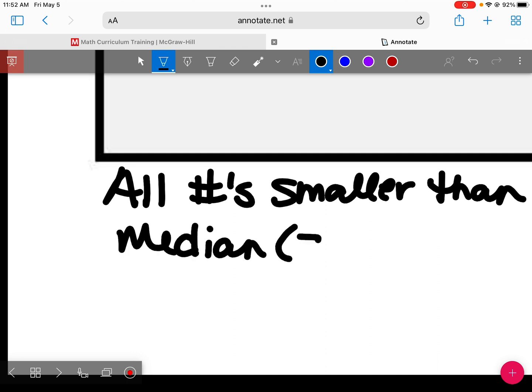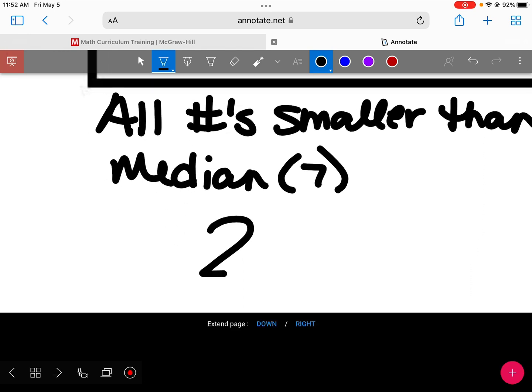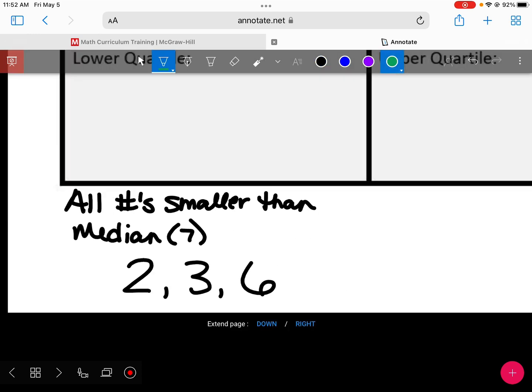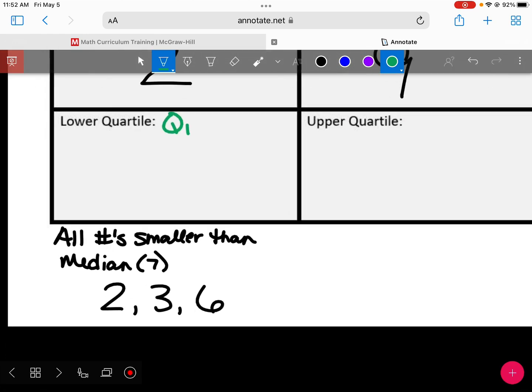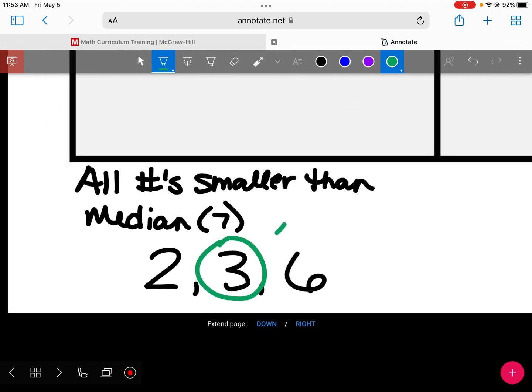So give me every number in that list that's smaller than 7. 2, 3, 6. And for my lower quartile, Q1, I want to find the middle of that list. What number is in the middle of that list? 3. There's my lower quartile.